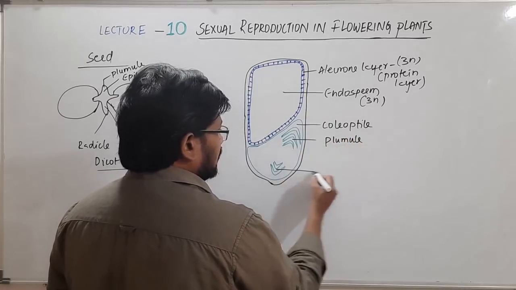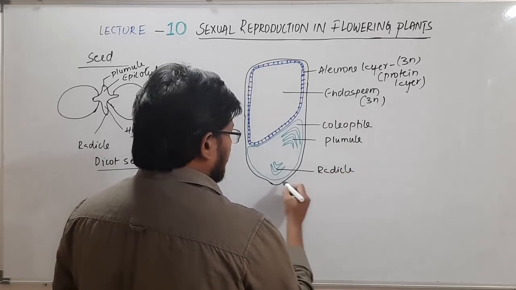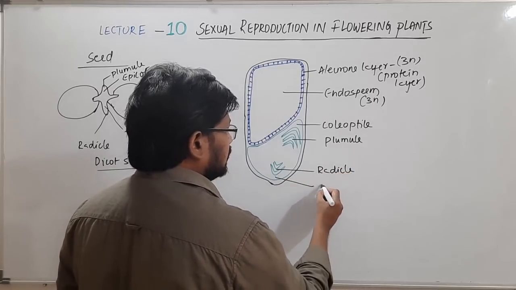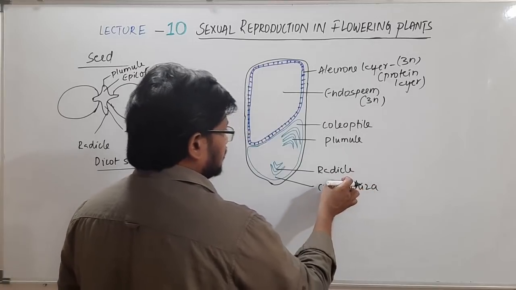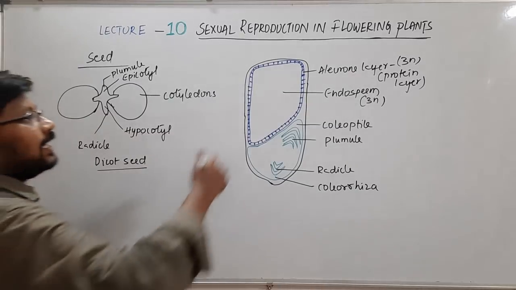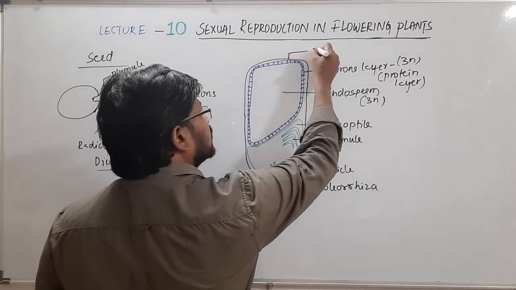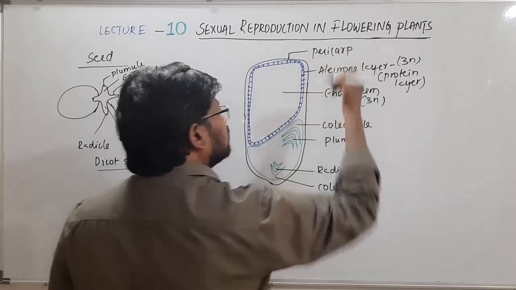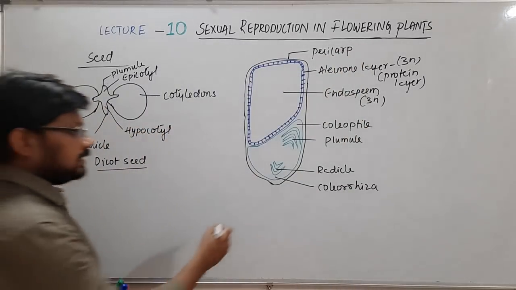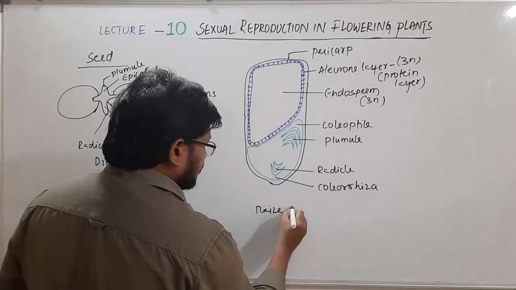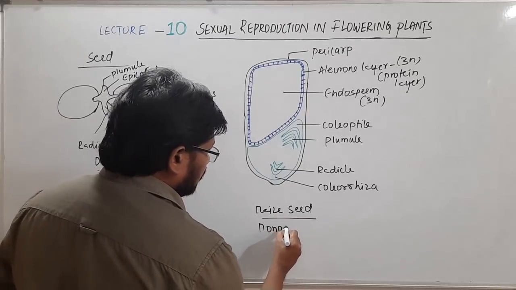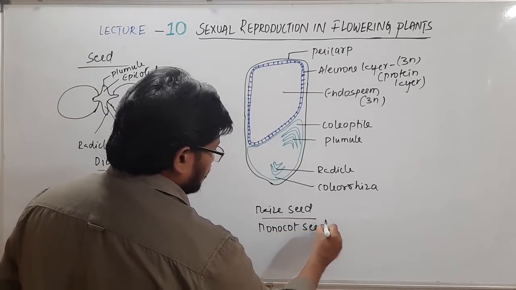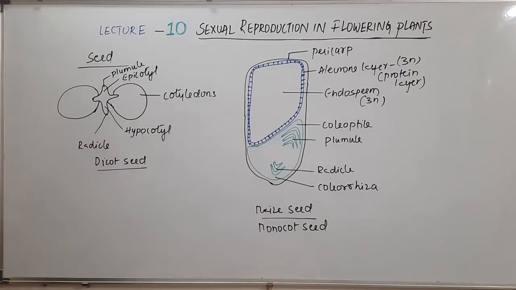Here it is the radicle, and this is the coleorhiza. And this one, which covers all over, is the pericarp. So this is the maize seed, a monocot seed, and this is the structure of the seed in monocots.